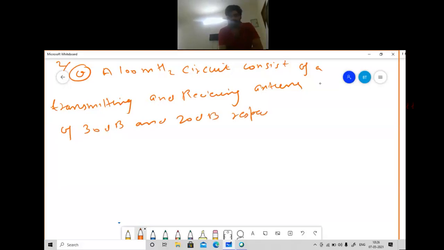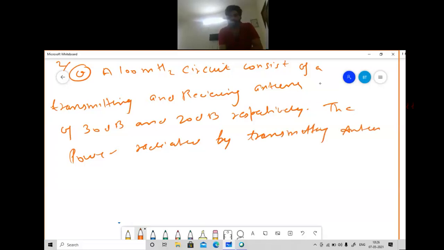The transmitting and receiving values are given like this. The power radiated by the transmitting antenna is 120 watt.